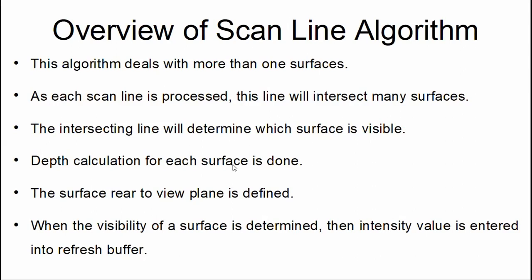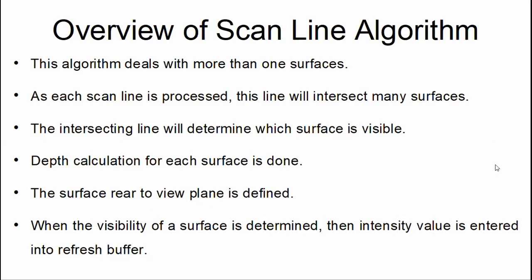We have seen in the previous session that the Z buffer algorithm finds out the depth of the polygon, and whichever is nearer to you, you highlight those polygons. Here also, once you have decided that this is part of that polygon, the visibility of the surface is determined, the intensity value is entered into the refresh buffer, and that polygon will be displayed.